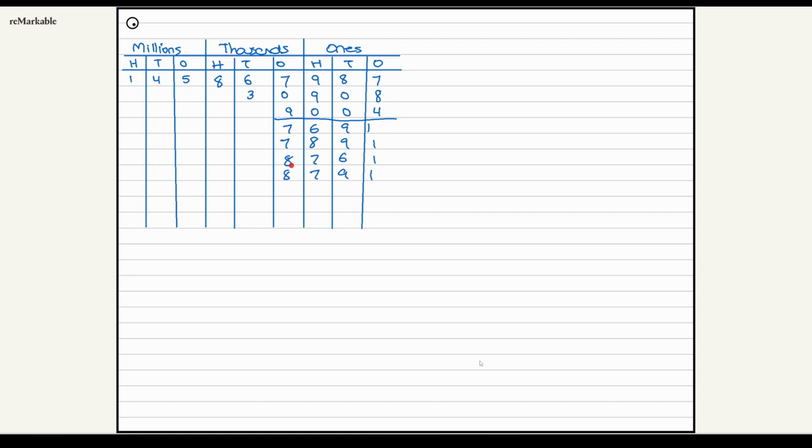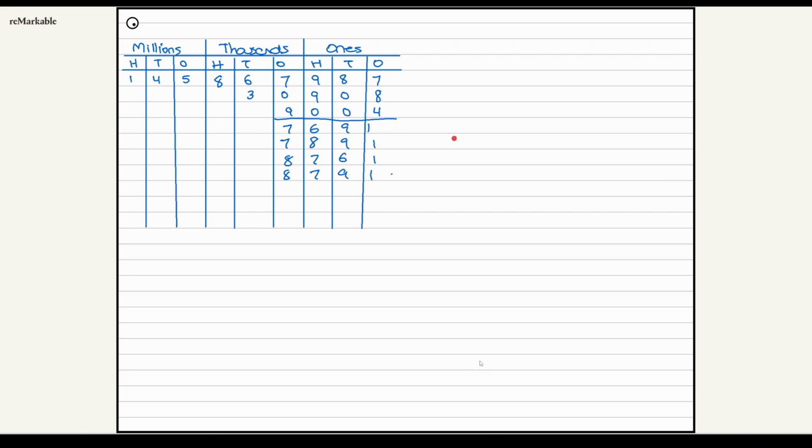No matter what. 8 is always going to be bigger than 7, regardless of what comes after the 7. So what comes after our 8s? Oh, they're both 7. So we're going to look at the one after that. What comes after this one? It's a 9. So we know that this one here is going to be bigger than this one.